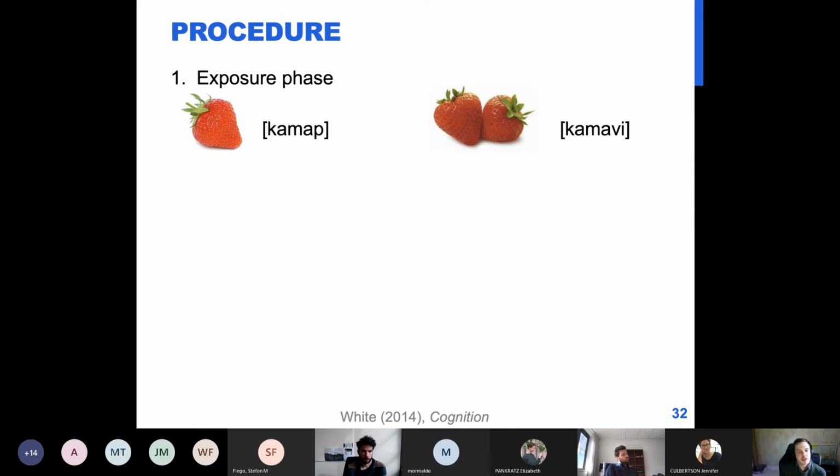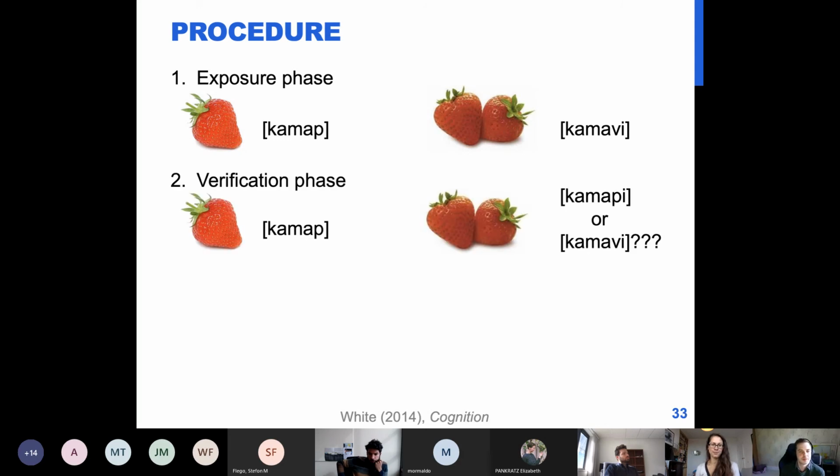Okay, so for this experiment, what I did was expose people to pairs of words, singulars and plurals, like kamap, kamavi. So from this, they should learn this sort of alternation that P goes to V. Then I made sure that they learned this alternation.